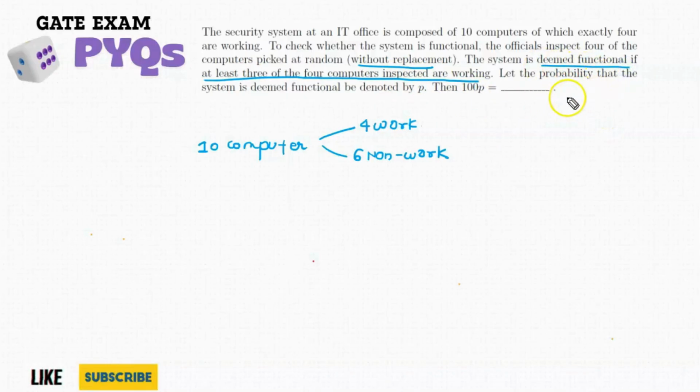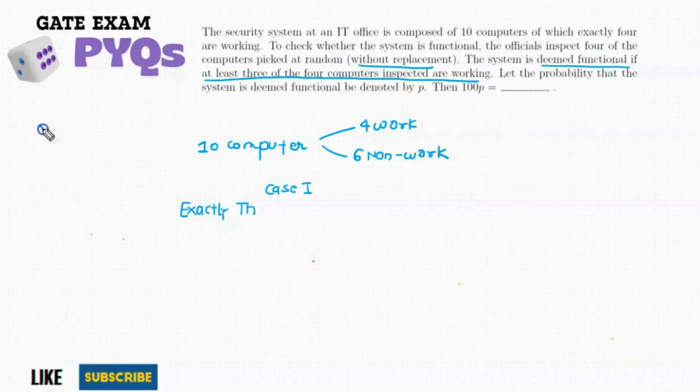We have to find the probability that the system is deemed functional. So in that case, at least 3 of the 4 computers should work, correct? So we can have two cases. In case 1, it can be exactly 3 are working.